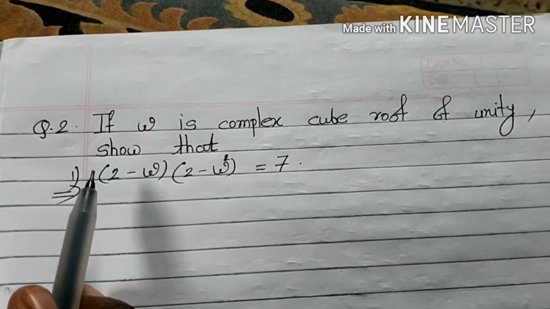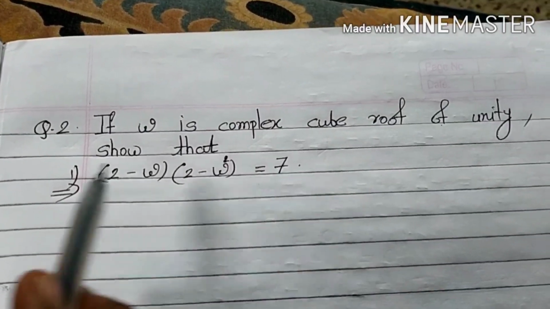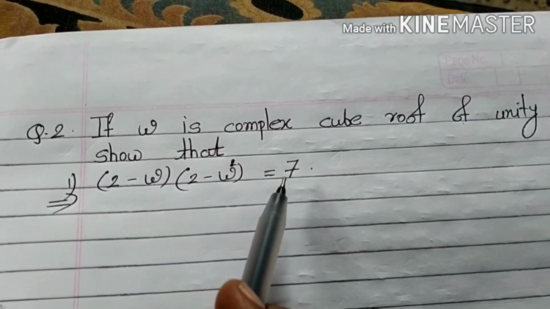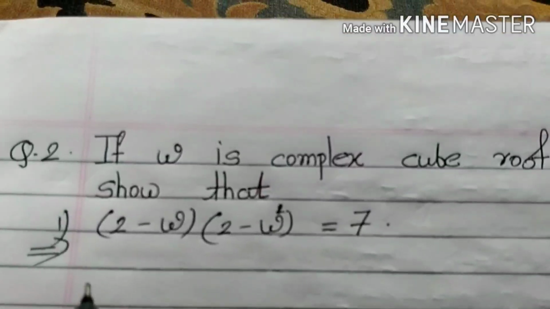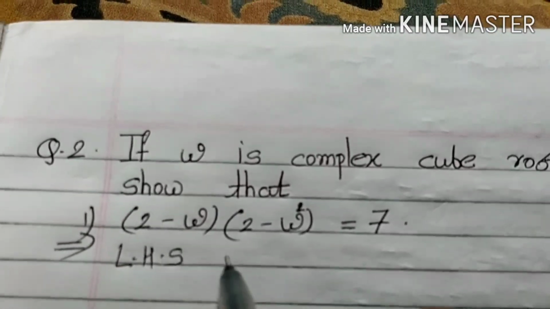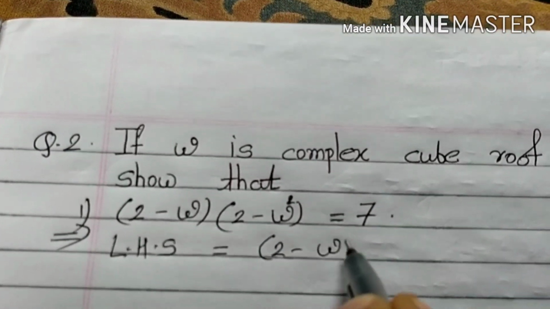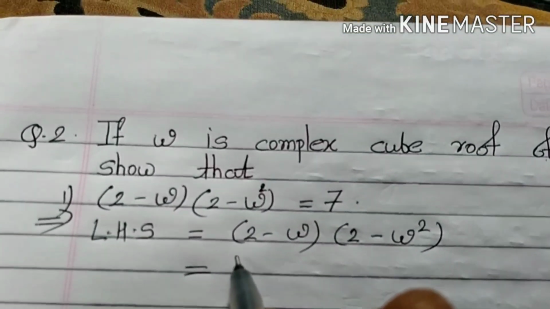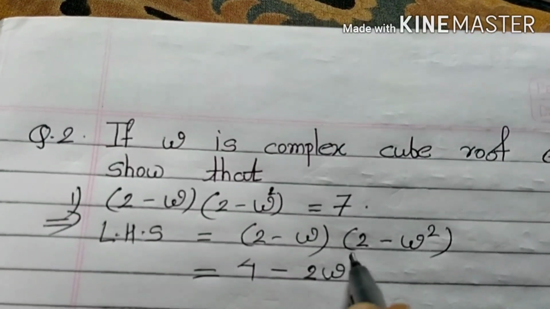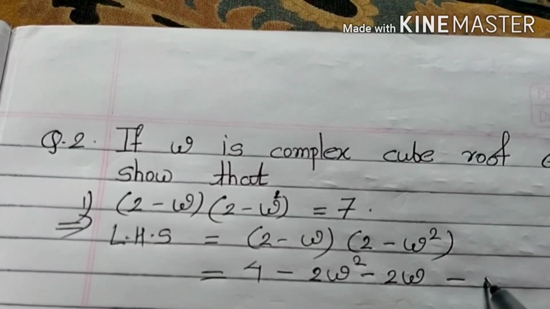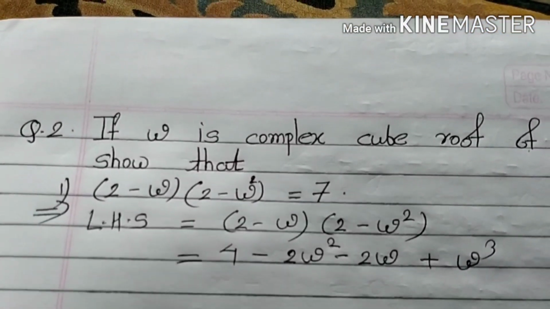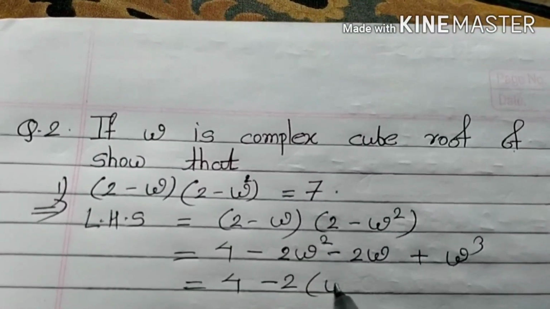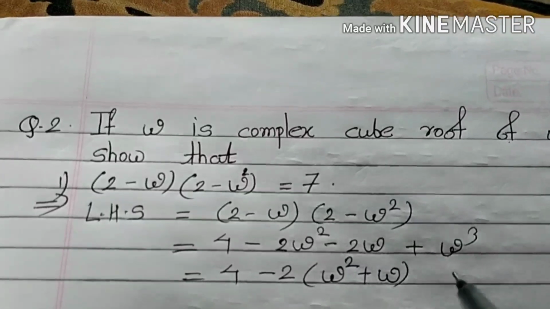Now next example: if omega is a complex cube root of unity, then show that 2 minus omega into 2 minus omega square is equal to 7. First take LHS, which is 2 minus omega into 2 minus omega square. Now multiply: 2 into 2 is 4, minus 2 omega square, minus 2 omega, plus omega cube. We know that omega cube is 1, so 4, and take minus 2 common, so we get minus 2 into omega square plus omega, plus 1.